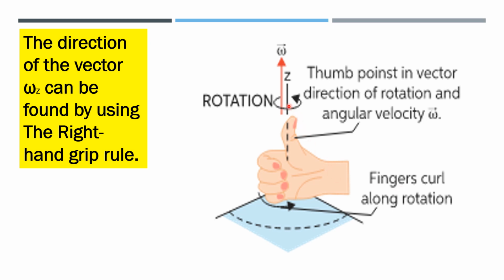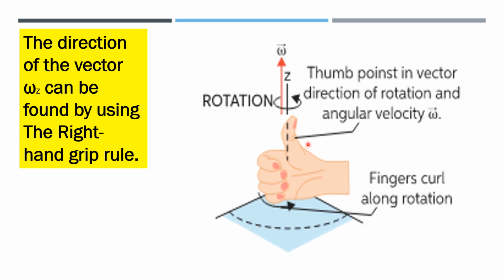If the rotation is counterclockwise, you curl your other four fingers in a counterclockwise manner, and then see where the thumb points. When the four fingers are curled in a counterclockwise manner, your thumb points in the vector direction of the rotation, the angular velocity omega.